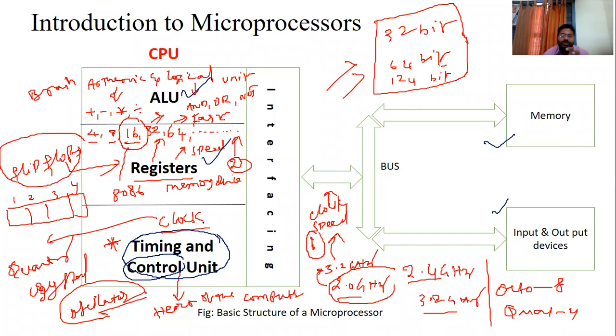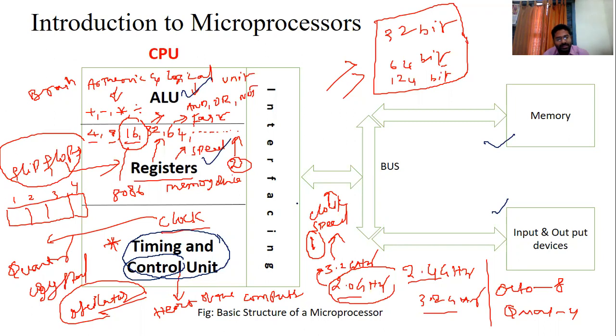It controls the devices by pumping clock pulses, like how our heart pumps blood to activate the organs. Likewise, this timing and control unit sends some signals to activate the other devices.